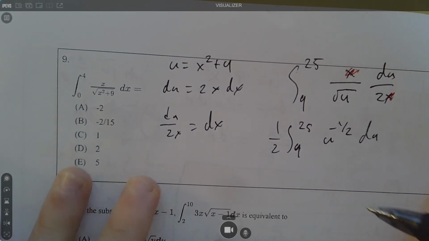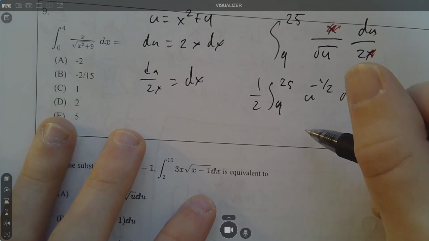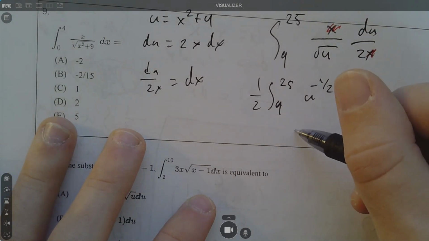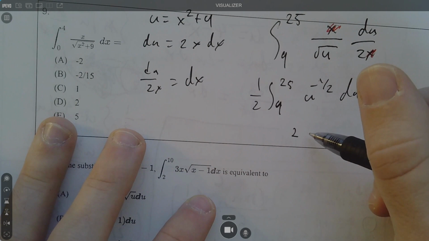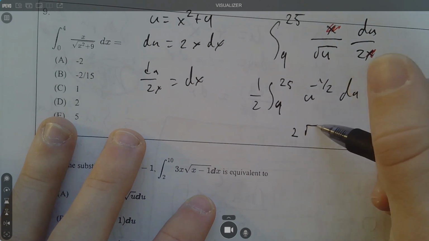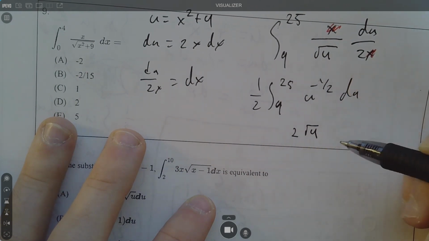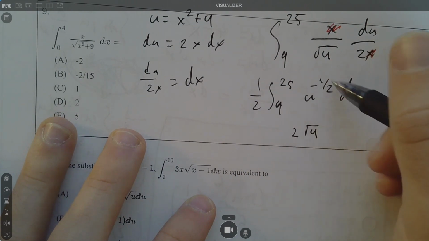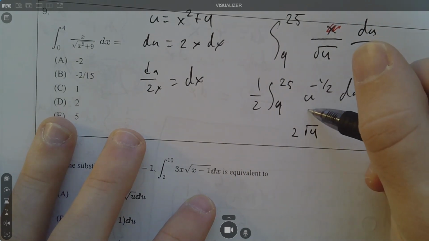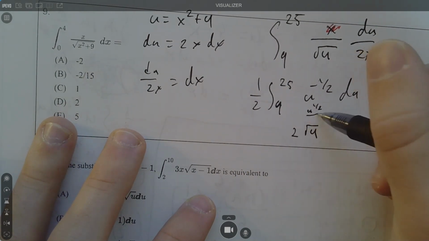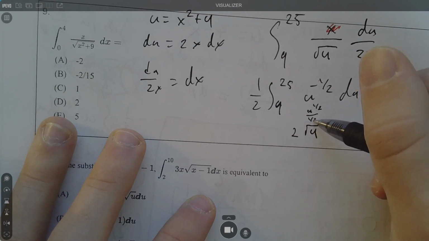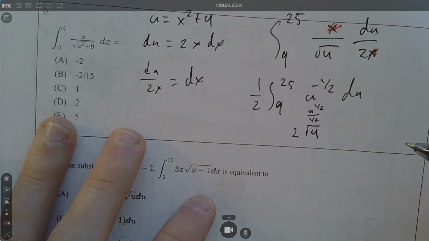Integrate and you differentiate. It's going to be 2 root u. Okay, because when I add 1, we get u to the 1/2, right? U to the 1/2 over 1/2, which becomes 2 root u.